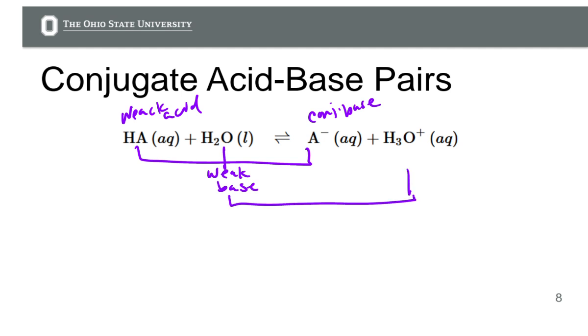And it's going to react and form the conjugate acid H3O+. Okay, so these are our conjugate acid-base pairs. For every weak acid, it doesn't matter if it's acetic acid, formic acid, the second proton of sulfuric acid, if you write HA, everything else other than the proton is the conjugate base.